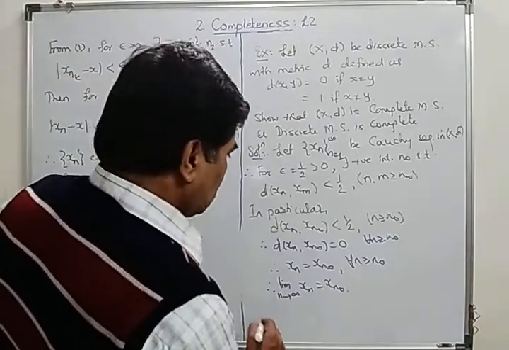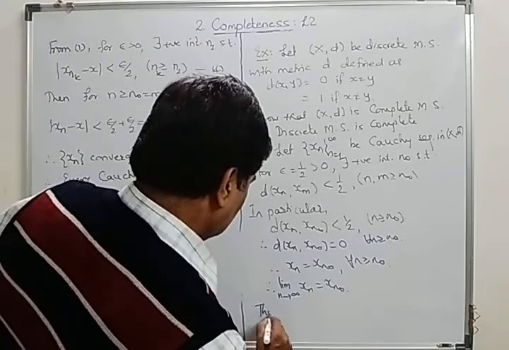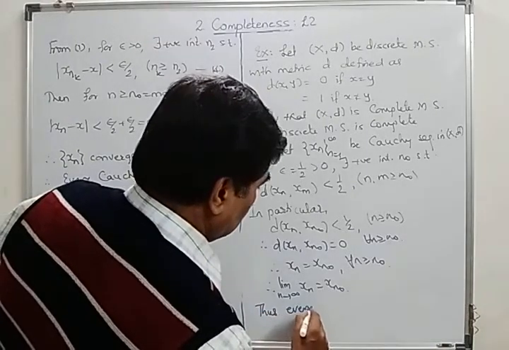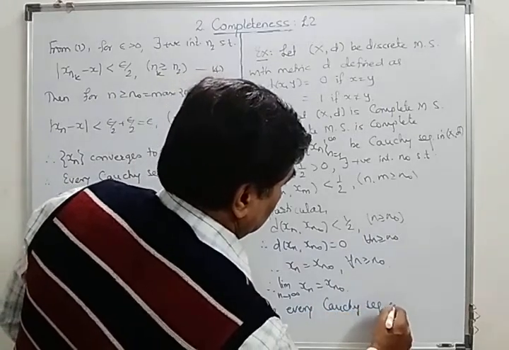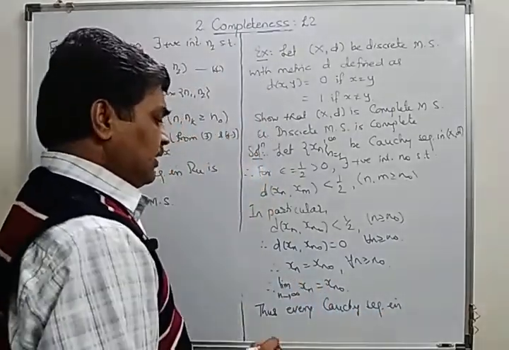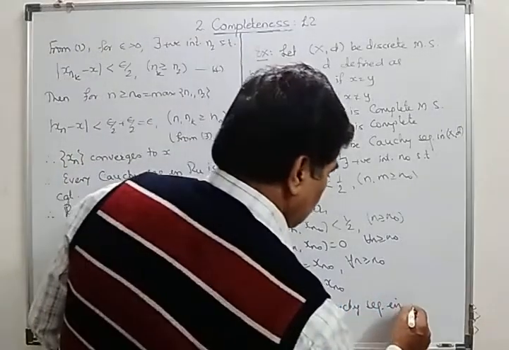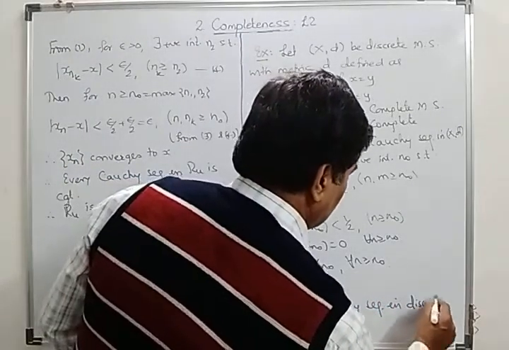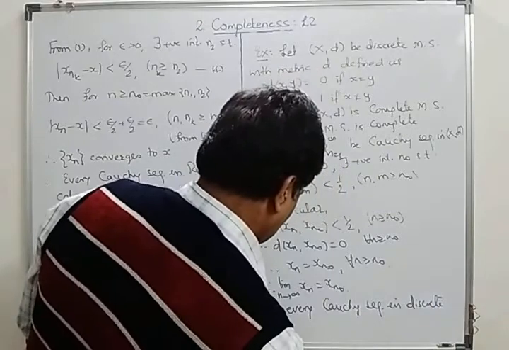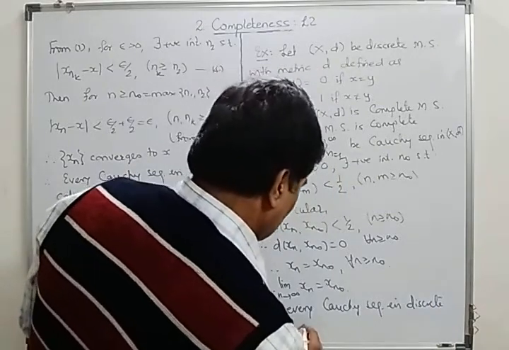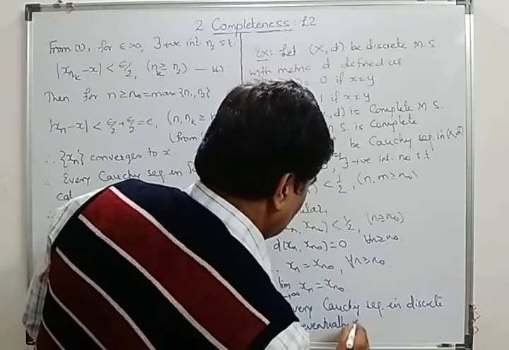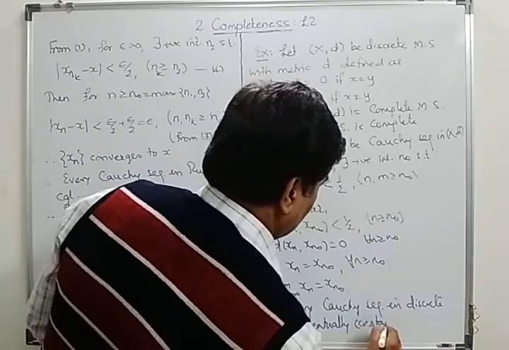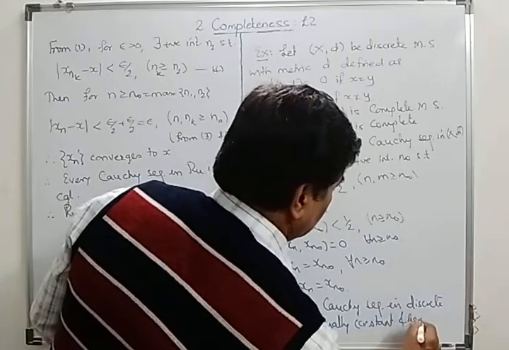Thus every Cauchy sequence in a discrete metric space is eventually constant and hence convergent.